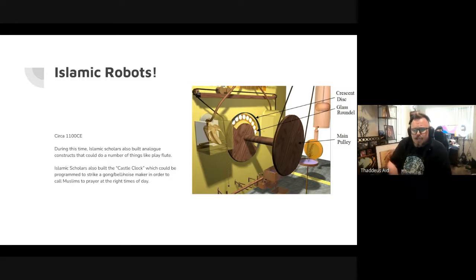These scholars put together what they call the castle clock, which is not what we would think of today as a modern wall clock like Big Ben or the clock tower of Westminster with the actual clock face and the hands. This is an automated system that would ring a bell at certain points during the day to call the faithful to prayer at the appropriate times, so everybody would know and wouldn't have to worry about it. I mean, this is a grand public service.